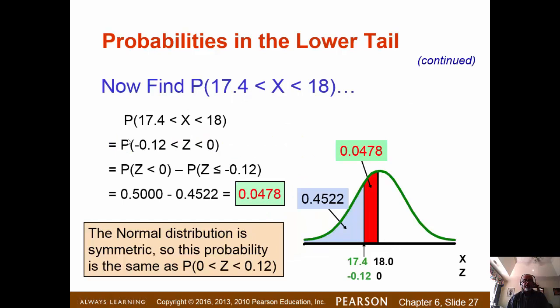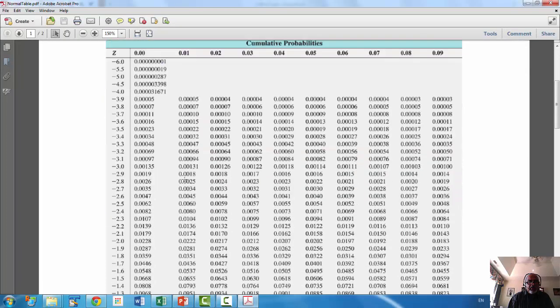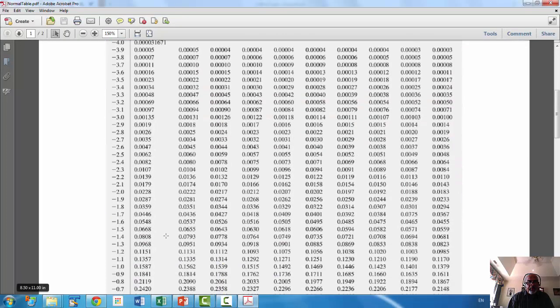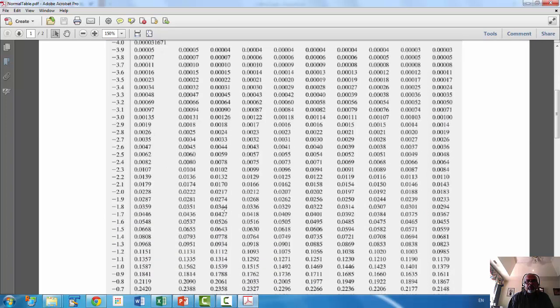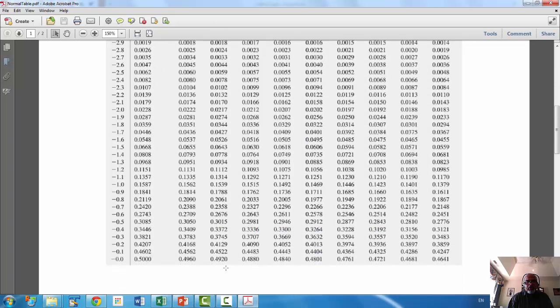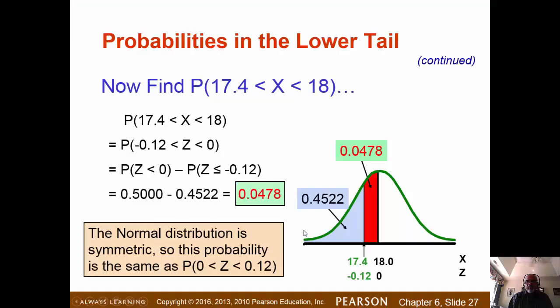Then you read the area for minus 0.12, which is 0.4522. So 0.5 minus 0.4522 gives a balance of 0.048 for the probability that we want.